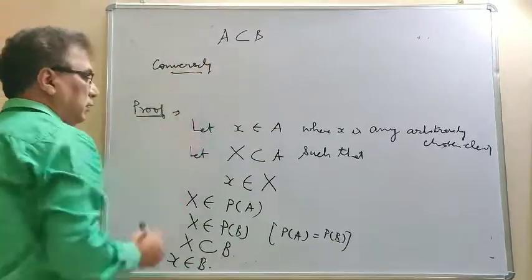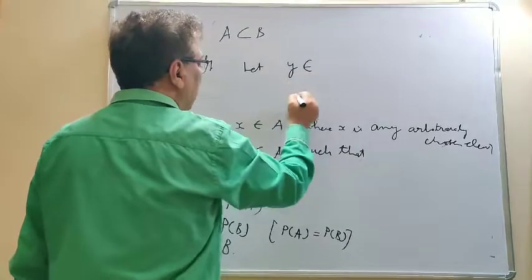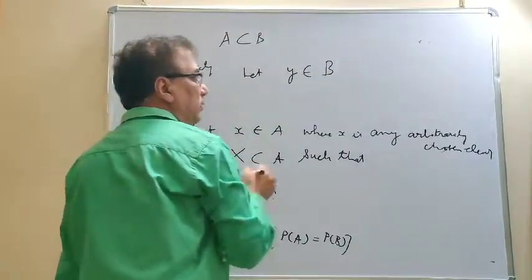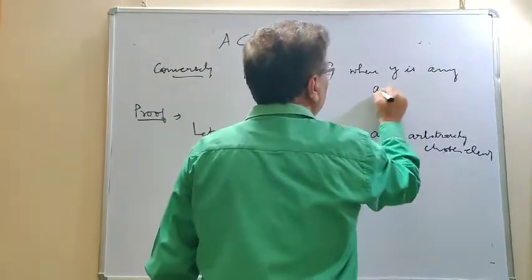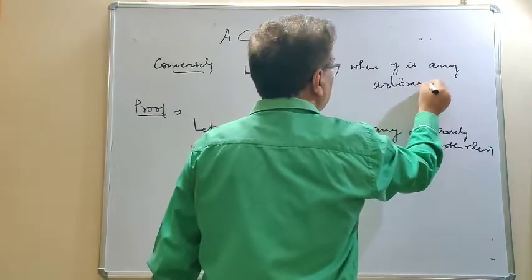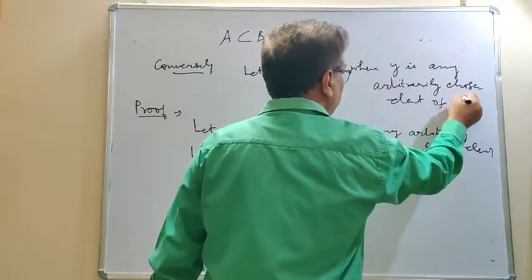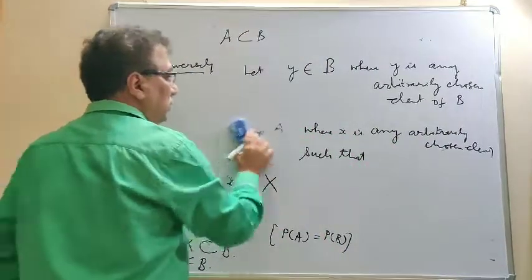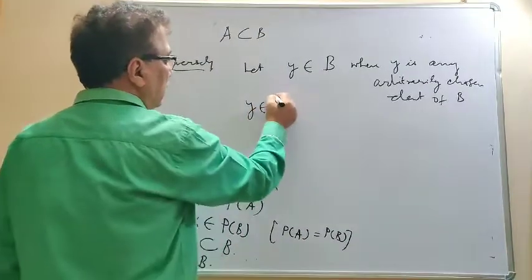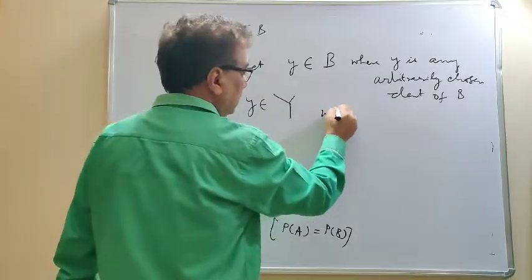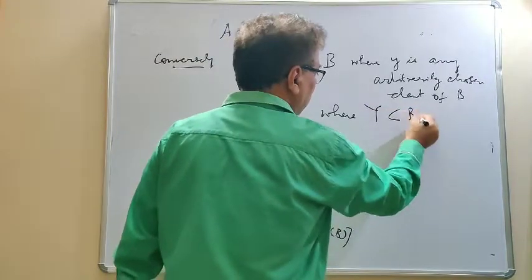Conversely, let y be any arbitrarily chosen element of B. So we can say in the same way that y must belong to capital Y, where capital Y is a subset of B.